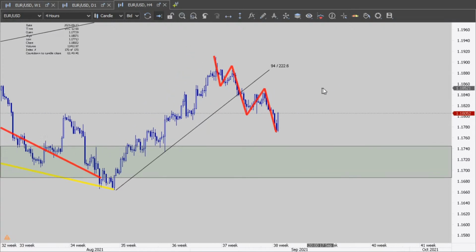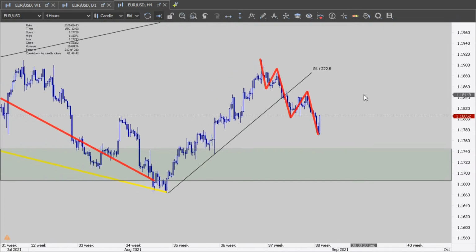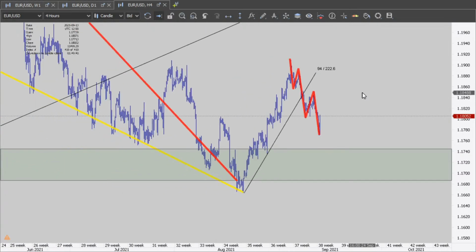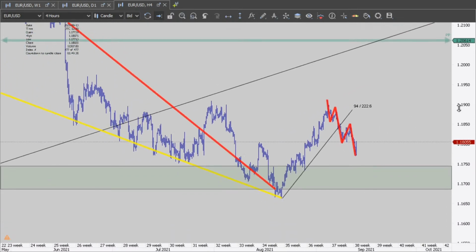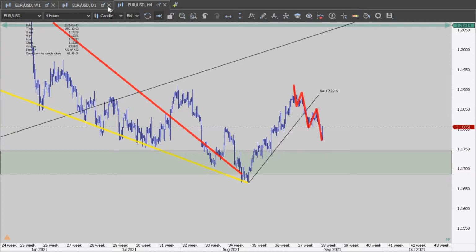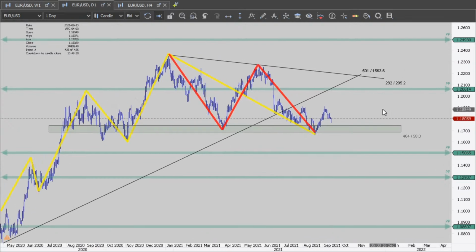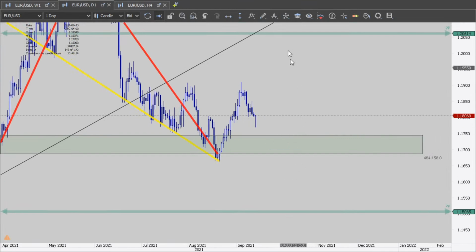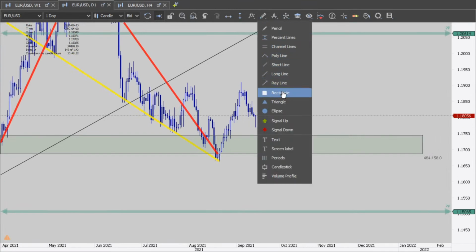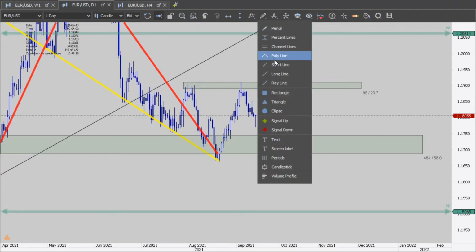And the other traders, let's make a poll. Euro dollar 4-hour chart: long, short, or stay out? This is the daily chart, right? Just maybe it's not confirmed yet. Just maybe we are in consolidation too.